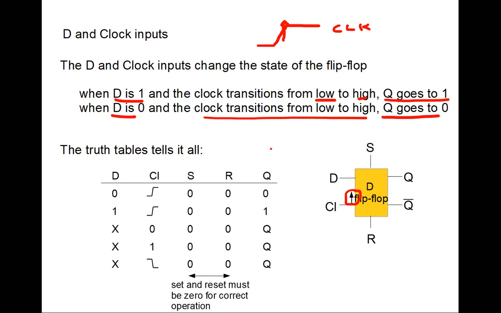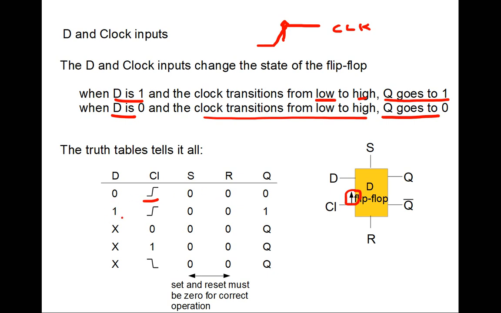The truth table is a way of looking at it. In this case, we use this symbol when we talk about the clock rising. So when D is 0 and the clock is rising, Q is 0. And this, of course, assumes that the set and reset are both 0. In order for the clock and data to work correctly, we need to make sure that set and reset are both 0.